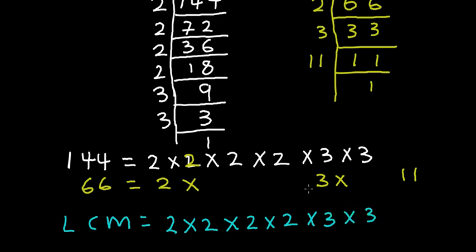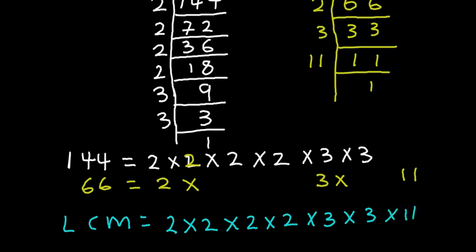Then we'll look around for the next available factor, which is 11. It is not appearing in 144, quite alright, but it is the only other factor in the prime factorization of these two numbers, so we'll bring it down. Okay, times 11.